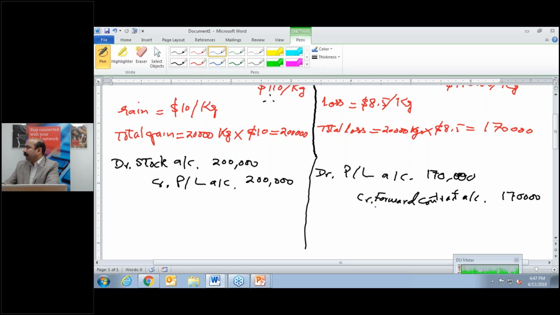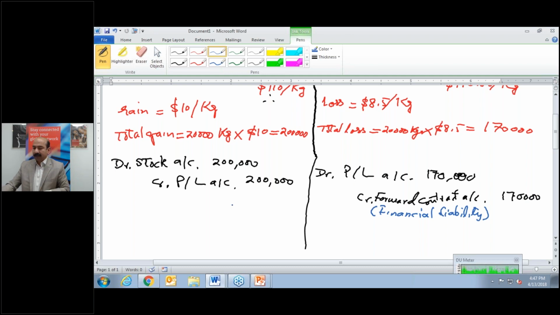This forward contract is basically your financial liability. So this way you will be recognizing on 31st December.